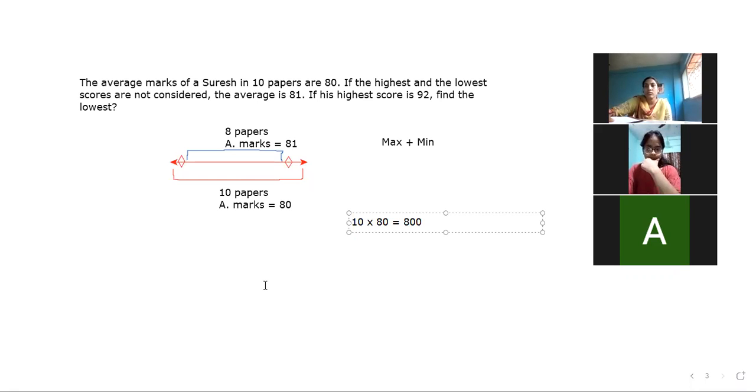So now the next thing is that the total marks from the 8 papers is equal to 8 multiplied by 81.